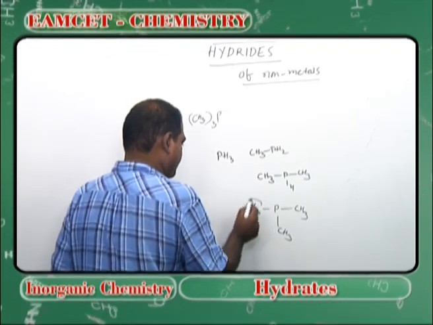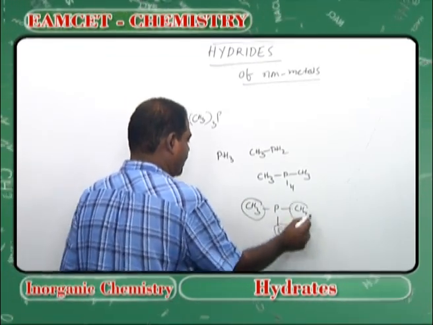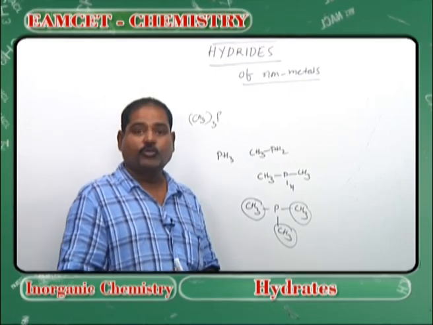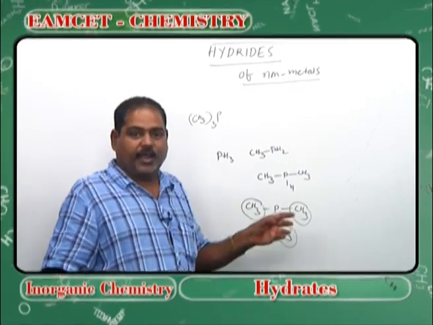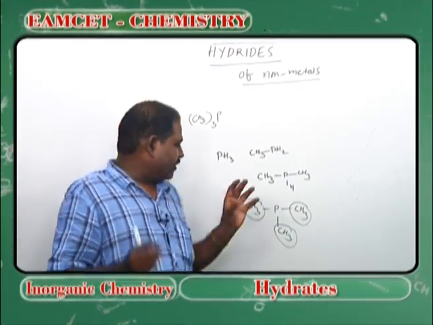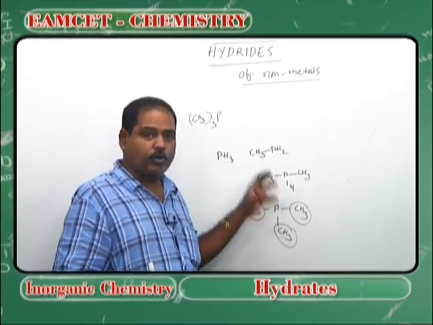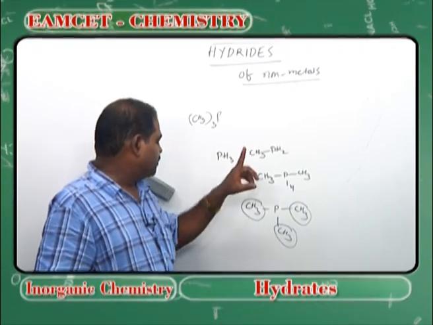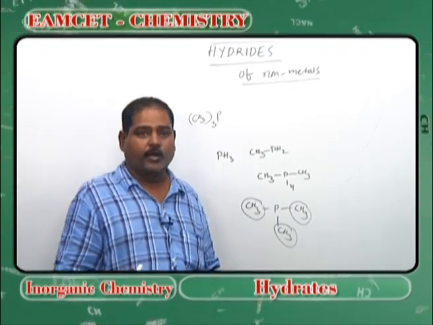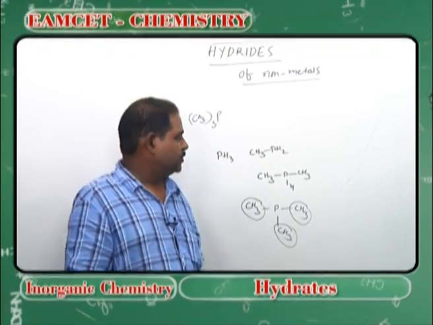There is expected to be some kind of traffic jam, but I am telling you the steric factors don't play any role in big atoms. Nitrogen is a small atom. The methyl groups cause some kind of congestion for the proton to approach. So, these steric factors are not there for substituted phosphines.